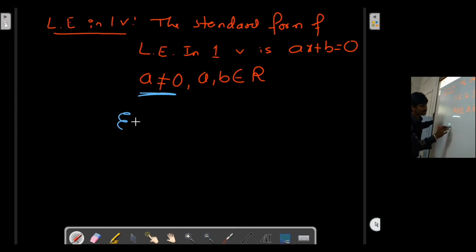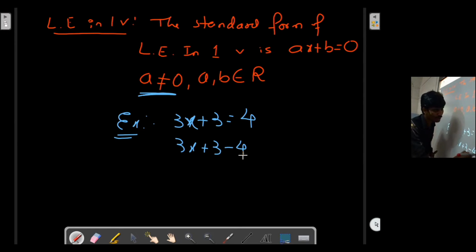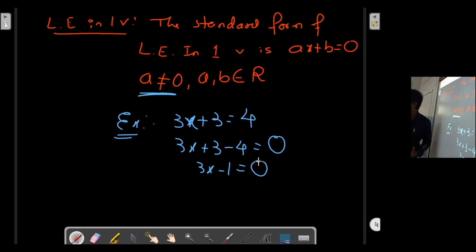For example, see here, 3x plus 3 is equal to 4. Is this a linear equation in one variable? Let us observe the degree of the polynomial. If you solve it like this, 3x plus 3 minus 4 is equal to 0, so 3x minus 1 is equal to 0.